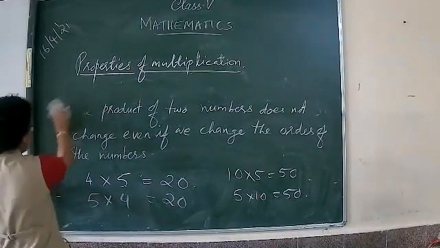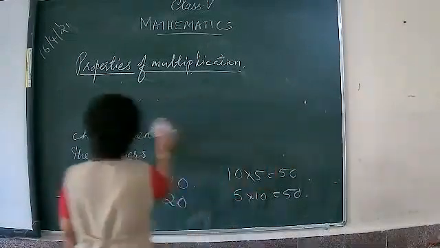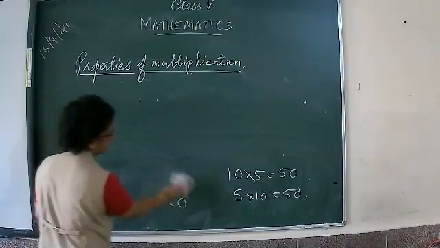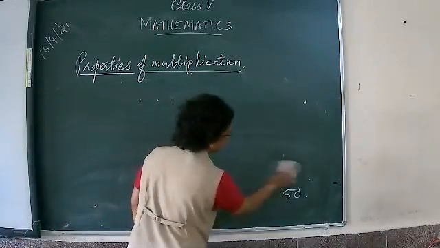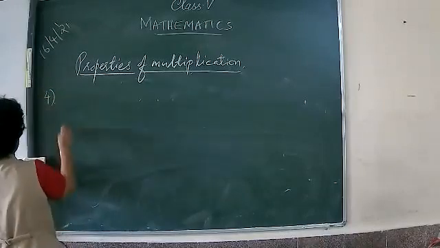Okay. Now, the next property. Fourth property. Copy down.